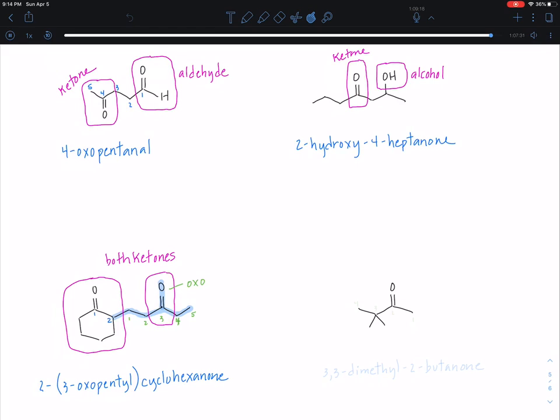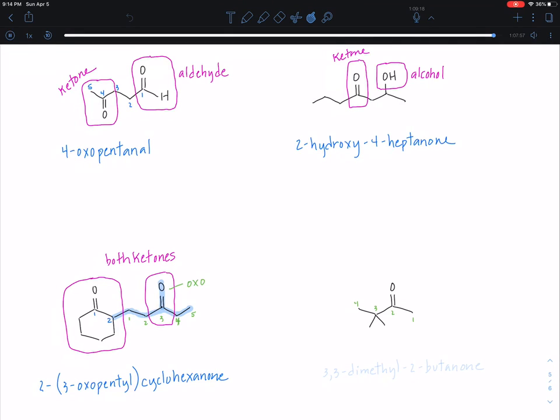So I've got 1, 2, 3, 4. Some kind of butanone, right? And on the third carbon, so don't get confused and think on the third carbon you have 3 methyl groups. Remember, your parent is going to be your longest continuous chain. Our longest continuous chain is 4 carbons, and so there's technically 2 methyl groups on the third carbon.